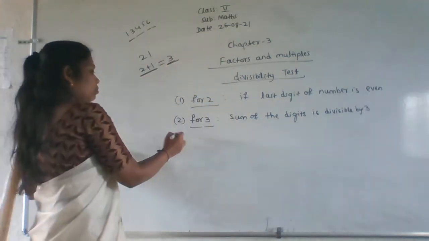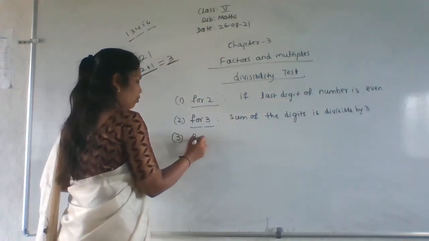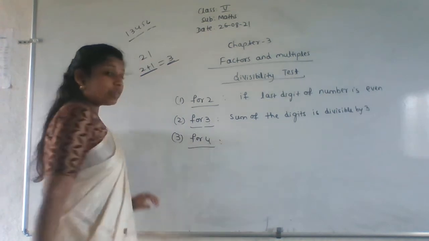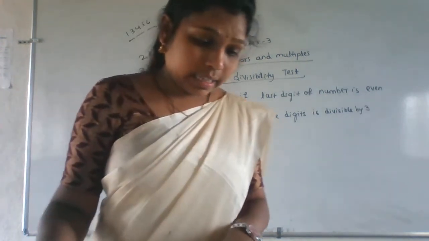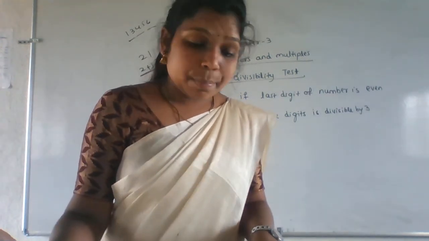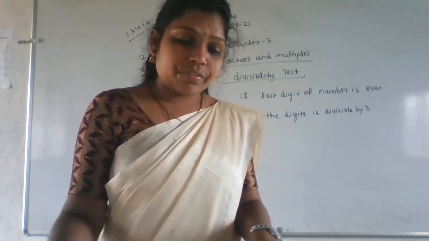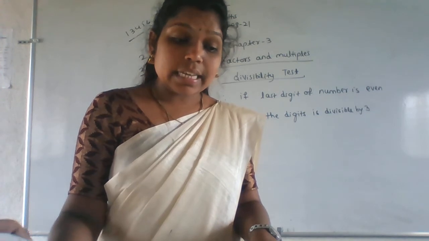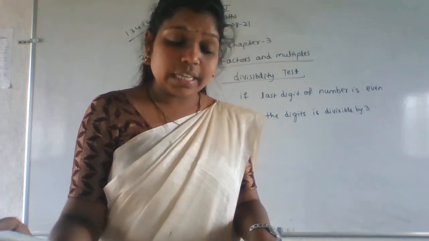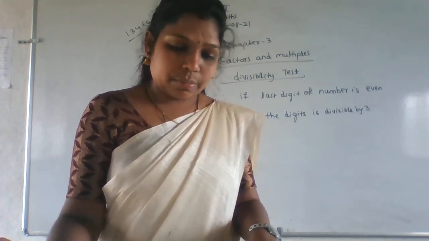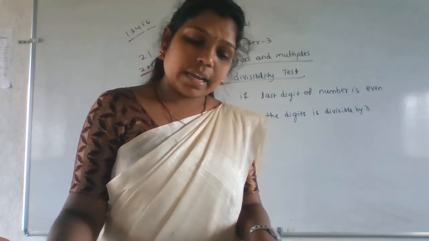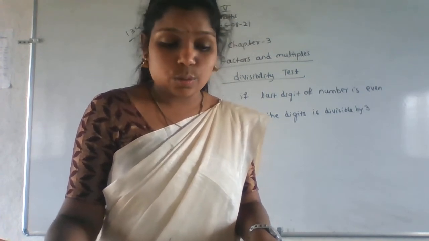Okay? Now check for 4. How to check 4 here? They have given a rule here, that a number is said to be divisible by 4 if the number made by the last 2 digits of the number is divisible by 4 or the number ends in 00.